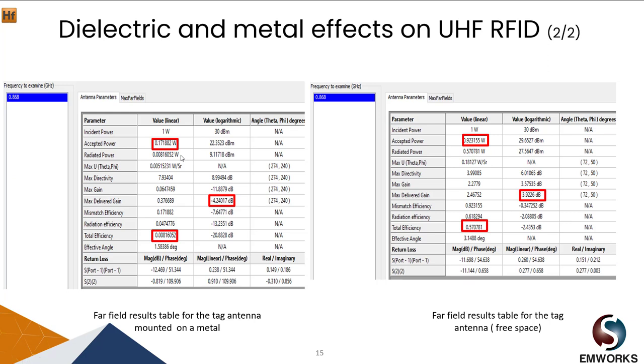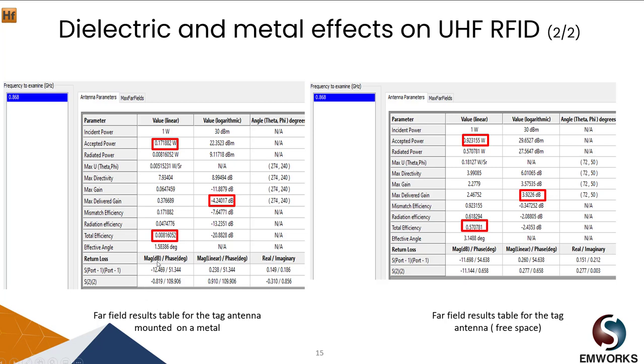Alright, now let's look at some of the far field results table for the metal. Previously, we have seen that the tag antenna had a gain of 4 dB and a total efficiency of 60%.